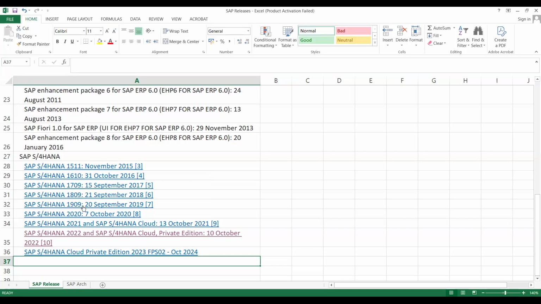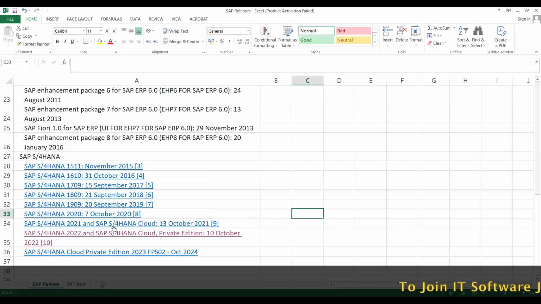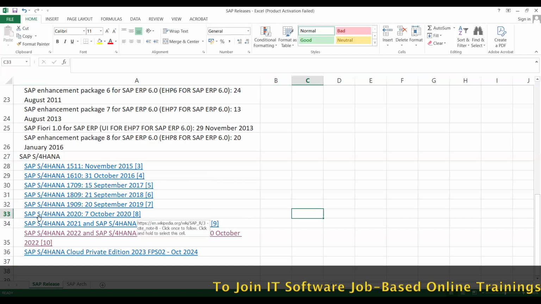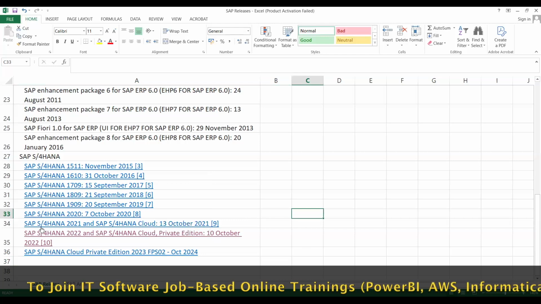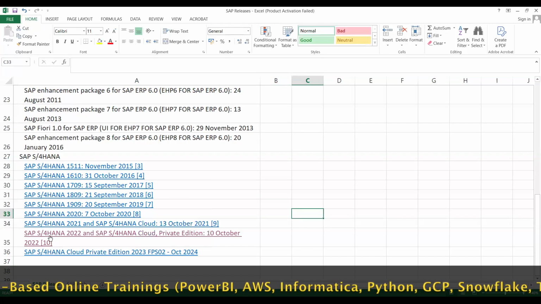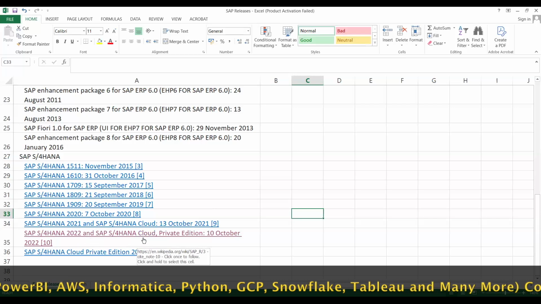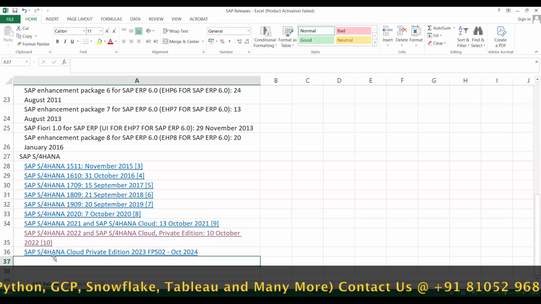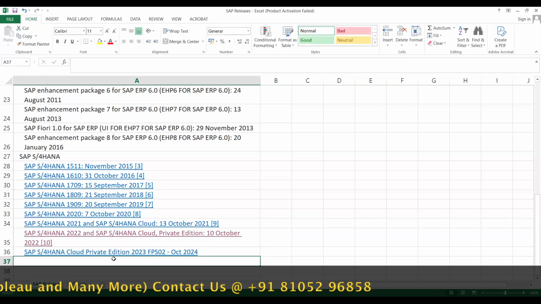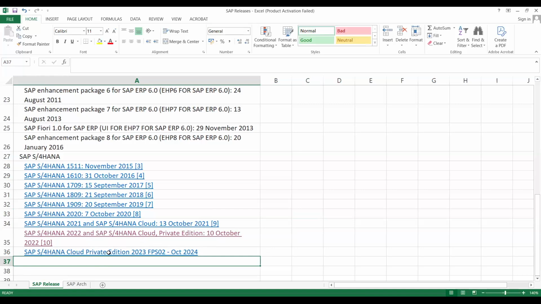That was till 2019, but after 2020 they are launching it yearly, so now the naming convention is the year. So from 2020 onwards, it is S/4HANA 2020, S/4HANA 2021, S/4HANA 2022, and this is the latest, released in October 2024, sorry, SAP S/4HANA Cloud Private. Okay, so this is the release S/4HANA 2023.